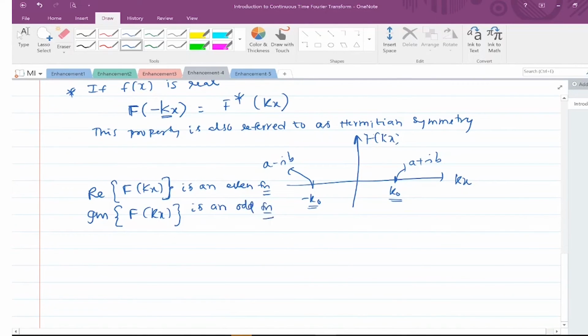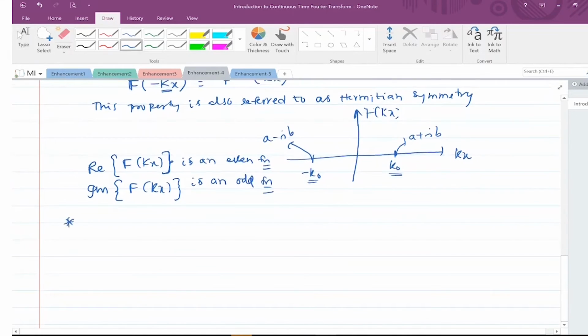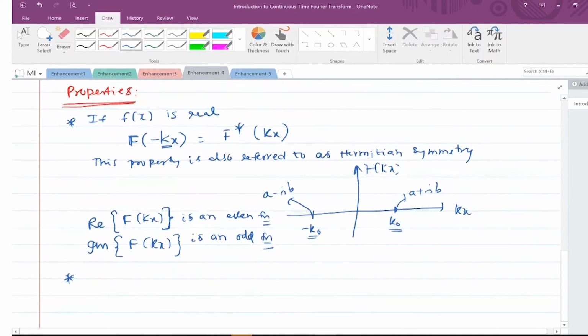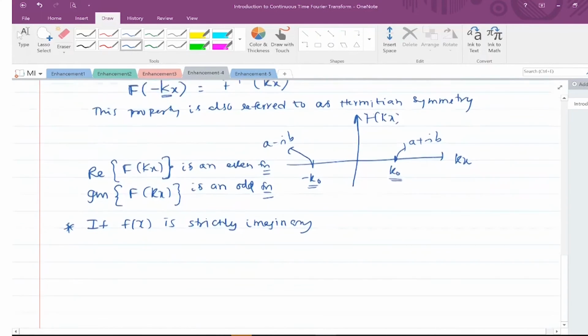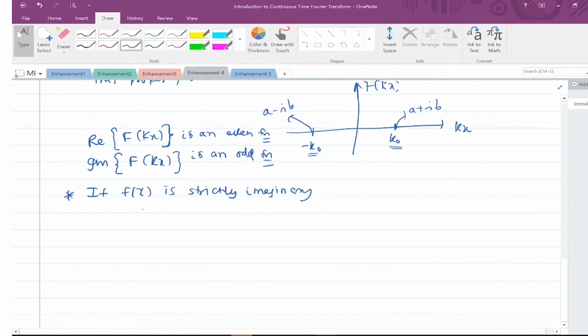Now let's take another special case, where f of x is strictly imaginary. Then what would happen? It's very easy to analyze this. I leave that part to you, and I would directly write the result here. Your f of minus kx would be equivalent to minus the conjugate of f of kx.